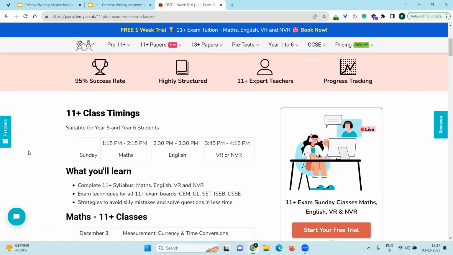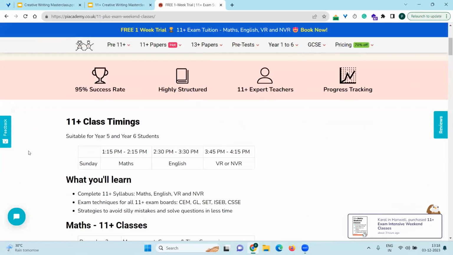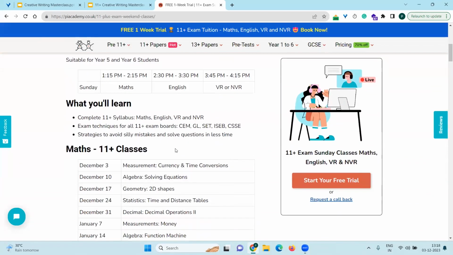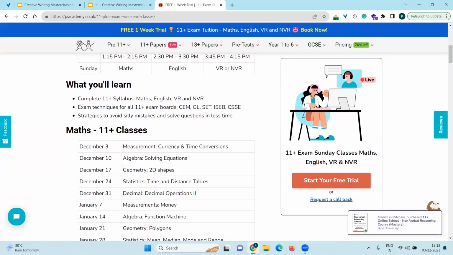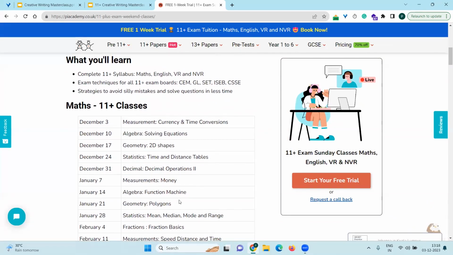We have structured the course in such a manner that regardless of whether you are preparing for grammar or independent schools, it would prepare you in a very holistic manner. You could be targeting different schools or different exam boards, but this one subscription would help you prepare for both. We have on purpose structured it in that manner. As you can see, we target exam boards which are CEM, GL, SCT, ISEB, and CSSE. So depending on which board you're looking for, you can subscribe.